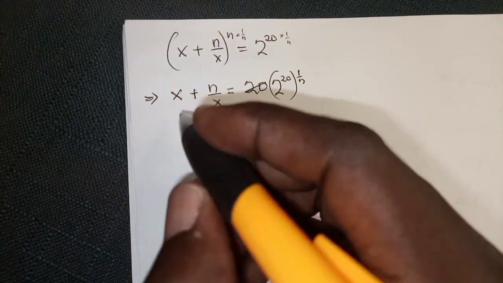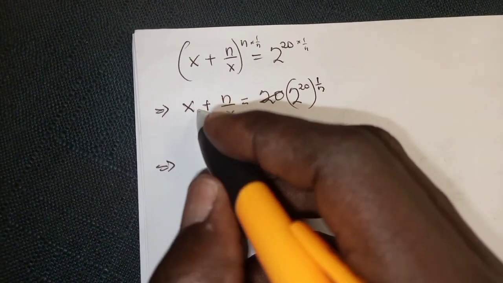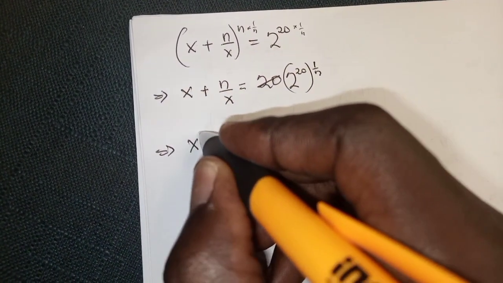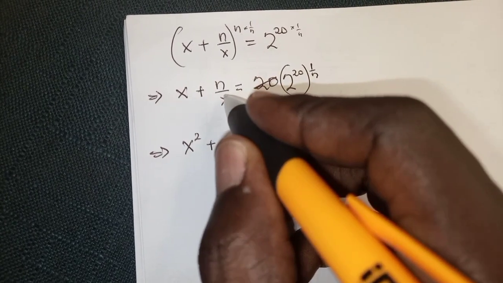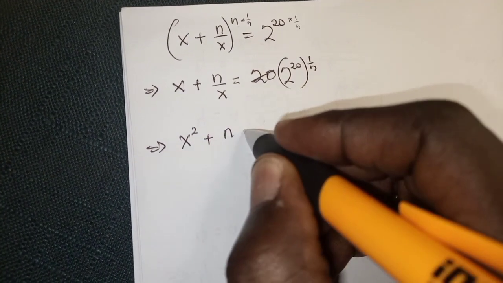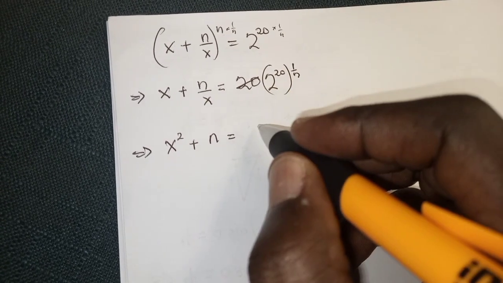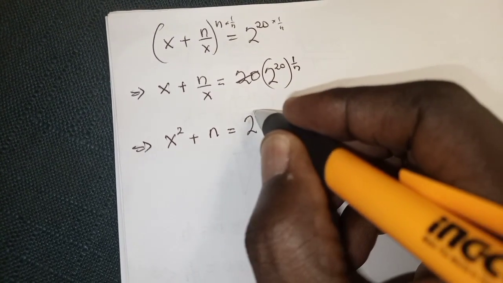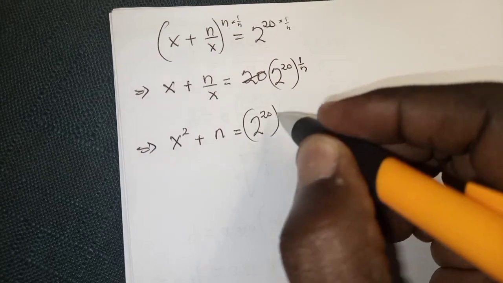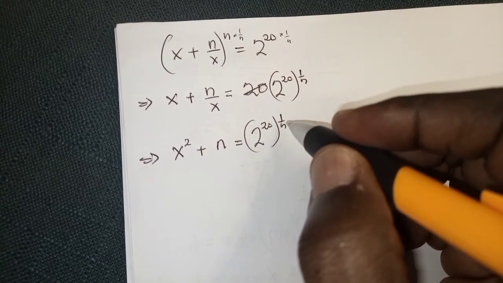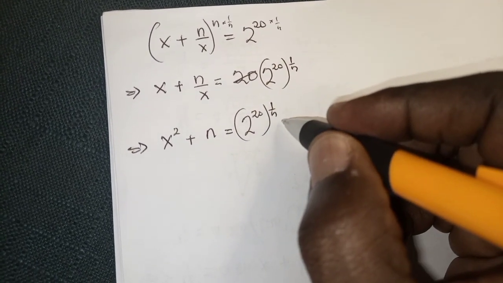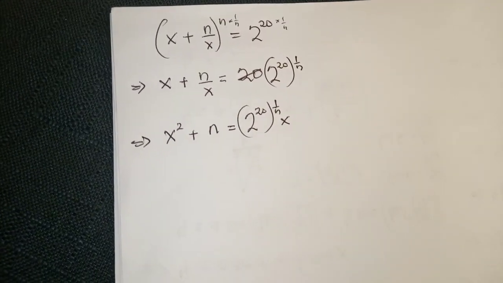Then we linearize the whole equation by multiplying through by the LCM, which is x. So the first term multiplied by x will be x squared, plus the second term multiplied by x, which will be n, equals the last term on the right hand side multiplied by x, which will be 2 exponent 20 all exponent 1 on n, then x.